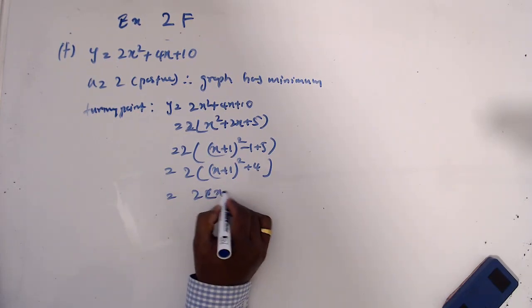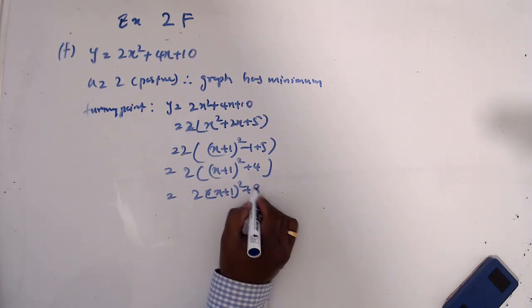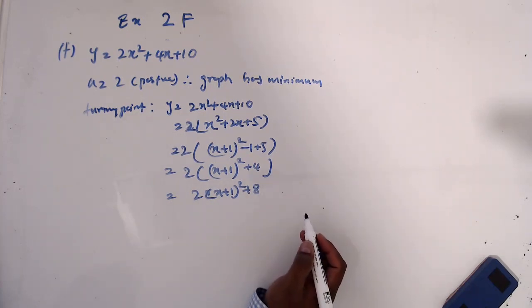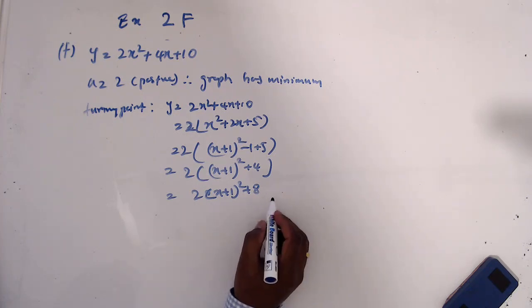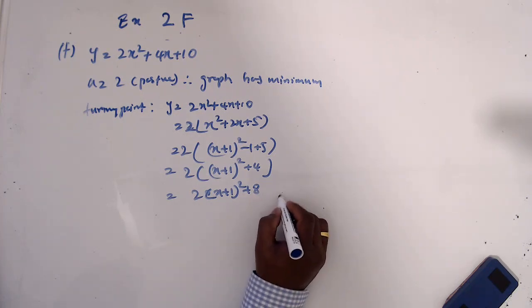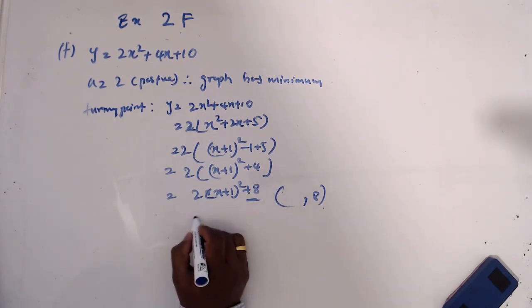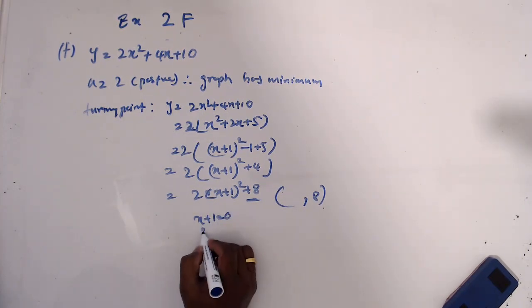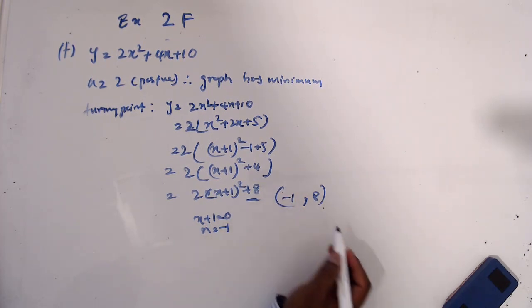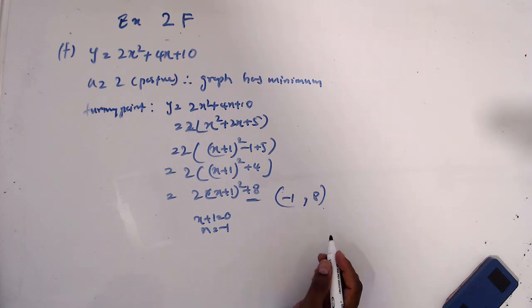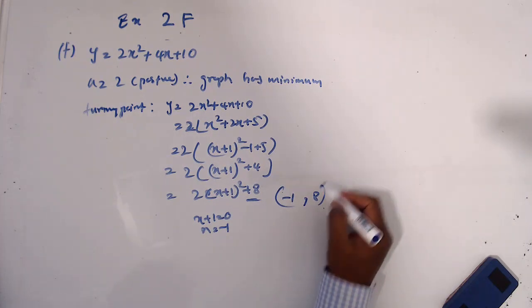So the minimum point, the turning point, is this value plus 4, and x plus 1 equals 0, x equals minus 1. It has a turning point. So now we know the minimum turning point.